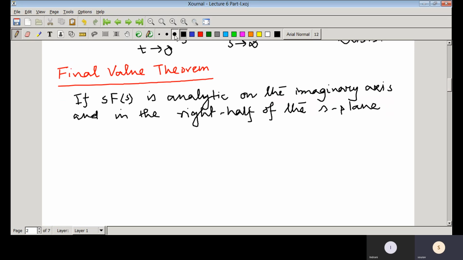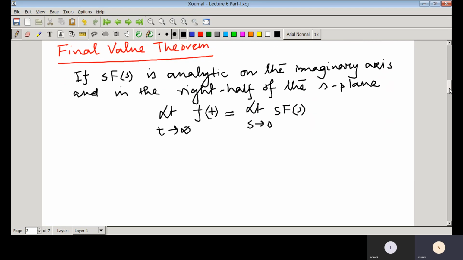So before applying the final value theorem, you should be careful and check that. According to the final value theorem, limit t tends to infinity of f(t) is equal to limit s tends to 0 of s F(s). That means the function sF(s) is analytic on the imaginary axis and on the right half of the S-plane, meaning it should not have any pole on the imaginary axis or in the right half of the S-plane.